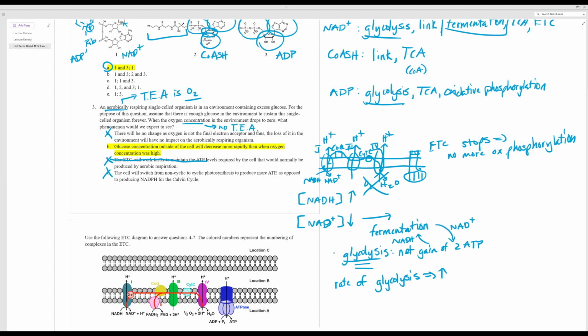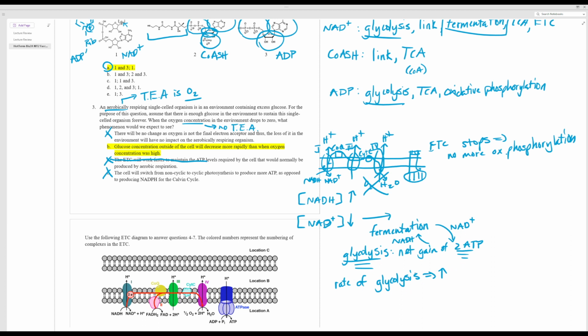And so that means you're going to need this to increase in rate. So that way you can at least get your little bit of ATP out. Because it's either you get 2 ATP out per glucose or you get none. I'd personally choose the 2 ATP because none means I'm dead. Okay. So now by increasing the rate of glycolysis, I'm increasing the rate at which I get this 2 ATP. It's not much, but it's better than nothing.